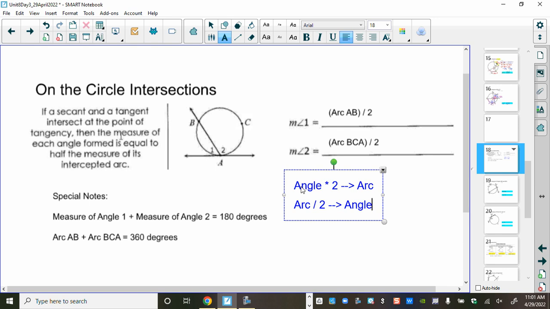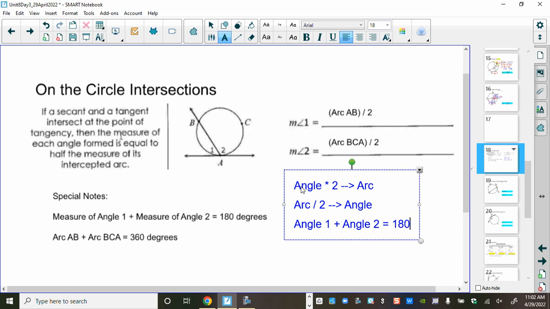So basically, you're back to multiplying the angle by 2 to get the arc, and arc divided by 2 to get the angle. That's what you have going on here. But do know, your two angles have to add up to 180. Angle 1 plus angle 2 equals 180. That's always and forever.